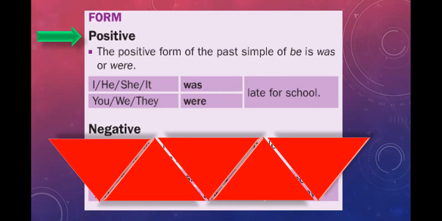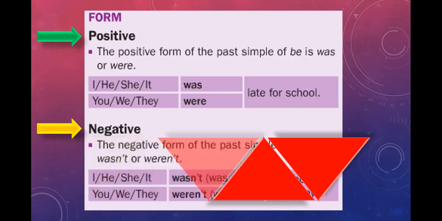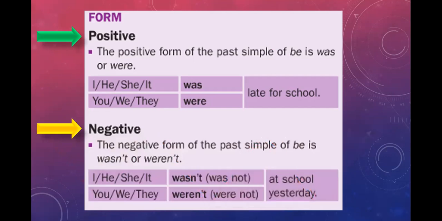Okay, that's positive form. For negative form, we have wasn't and weren't. They're, as I said previously, a bit different. With wasn't, we will still talk as with was about the pronouns I, he, she, and it. But this is the negative form.